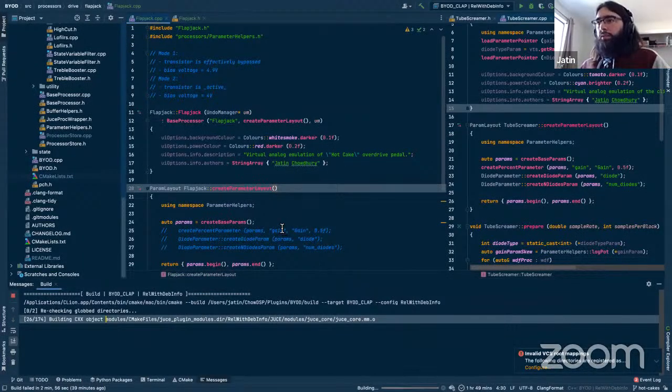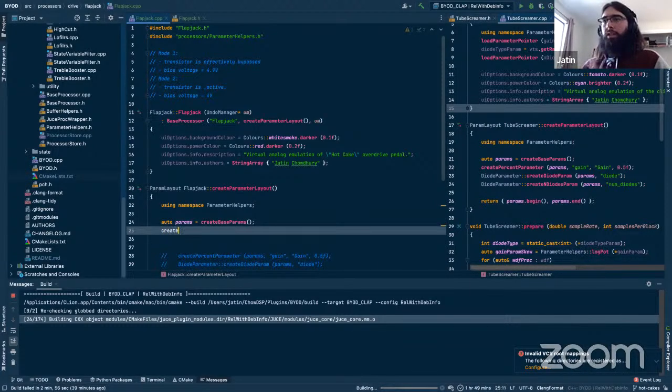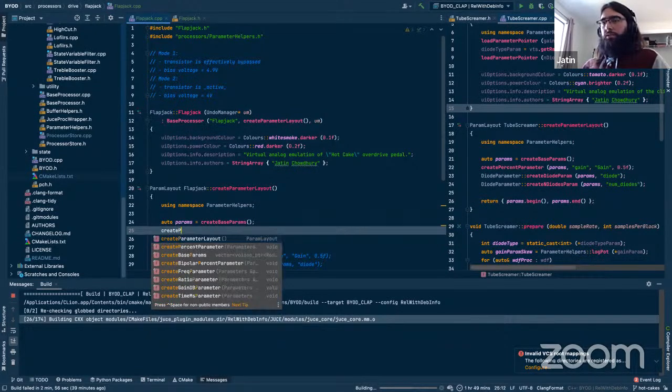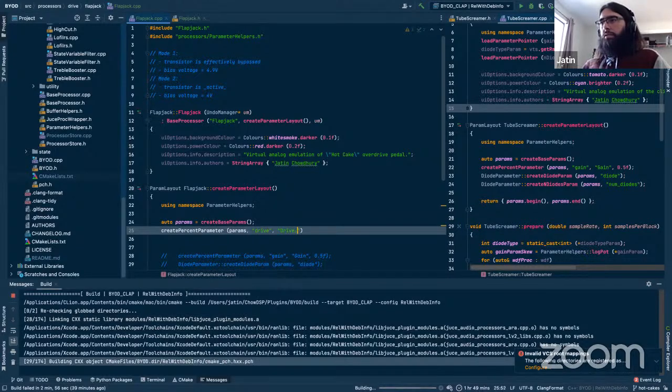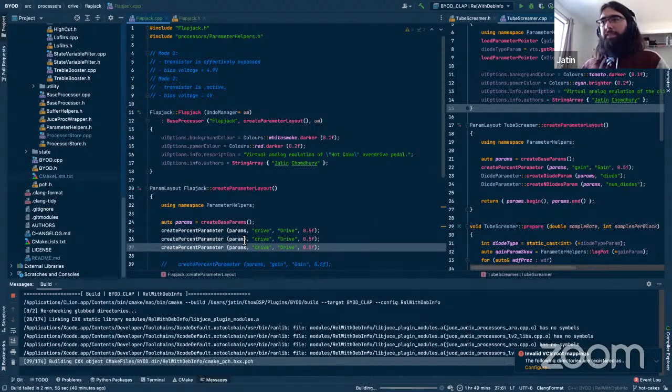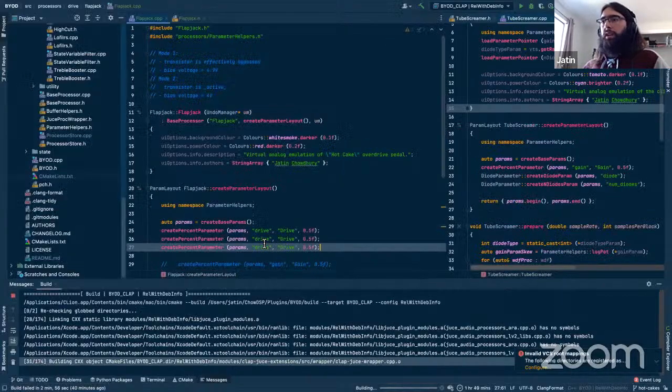Let's go ahead and add these parameters while we're waiting here. Let's see if we can create a percent parameter. This is going to be the drive parameter, and we'll default to 0.5, probably. For these other parameters, I think going with 1% is the way to go as well.